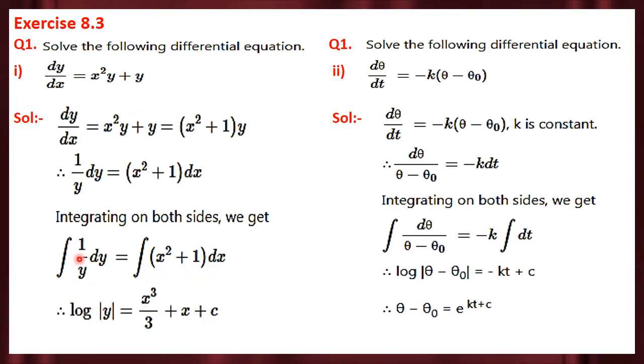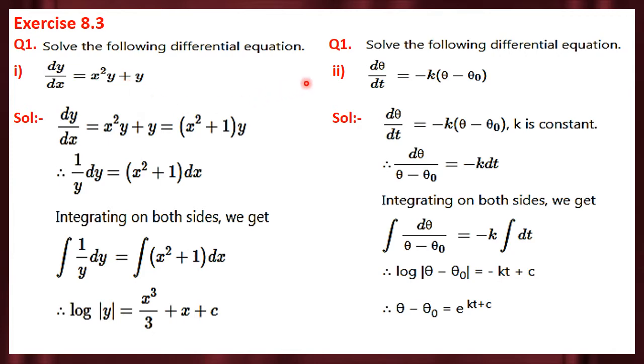Now, integral of 1 by y dy is log modulus of y or log y, which is equal to the integral of x square, a polynomial, where we can integrate each term separately. So, integral of x square dx is x cube upon 3 plus integral of 1 dx is x plus c. So, this is the solution of the given differential equation.